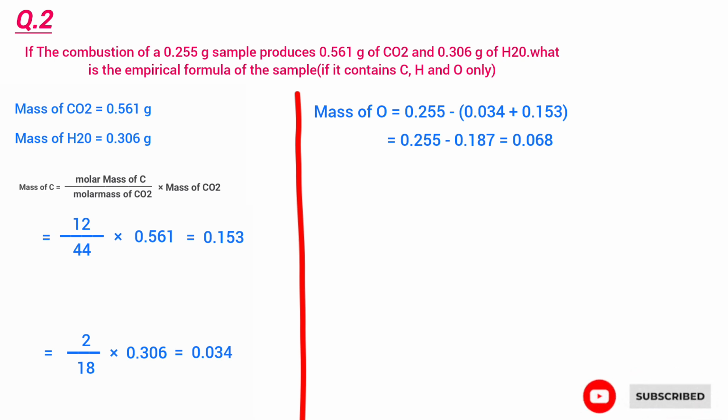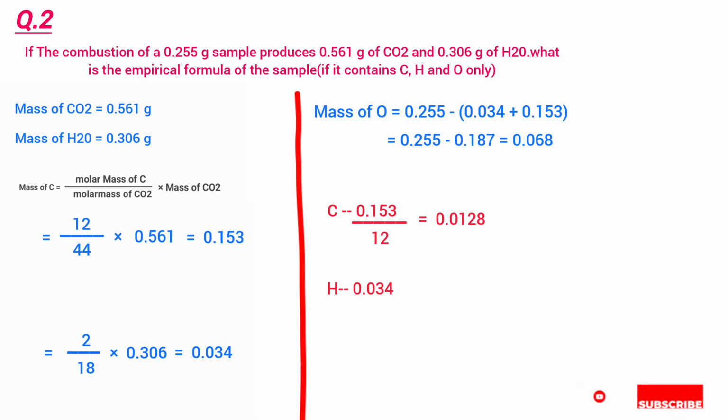Now that we know the mass of each element, we can calculate the moles by dividing the mass of each element by their atomic mass. For carbon, we have the mass of carbon as 0.153. Dividing by its atomic mass, which is 12, we have 0.0128. For hydrogen, we calculated the mass of hydrogen as 0.034.